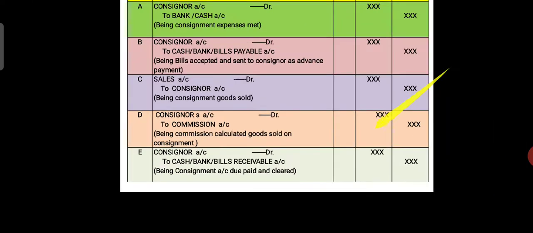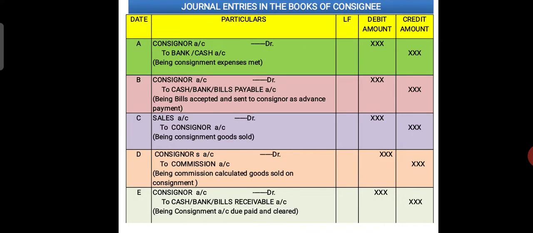So only 5 entries are there. First entry is for expenses that we met on consignment. Second entry is whenever we give advance to the consignor. Third entry is whenever we sell the goods. Fourth entry is whenever we calculate the commission on sales.